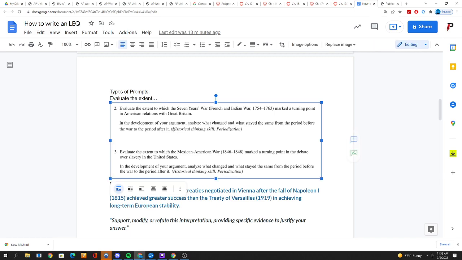This really hits on a historical thinking skill that the AP classroom really likes, called periodization. Basically, it's understanding what is happening within a period in the context of the events that occur within it, and how those events all relate to one another in chronological order, impacting the outcome of history.